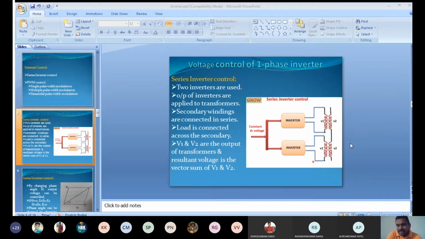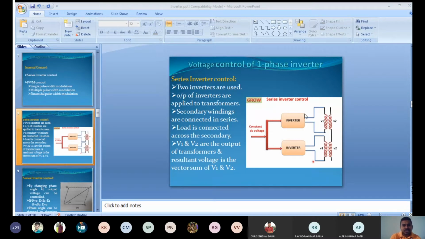How can we find the resultant voltage? By vector summation of these two voltages. If the output voltage of the first transformer is V1 or E1 and the output voltage of the second transformer is V2 or E2, then the resultant voltage is E.